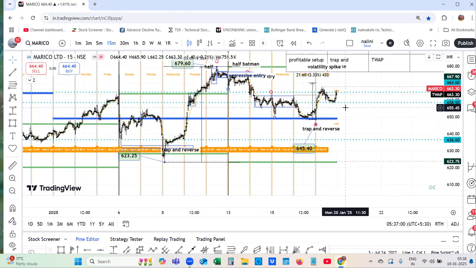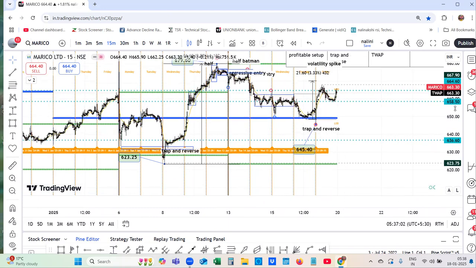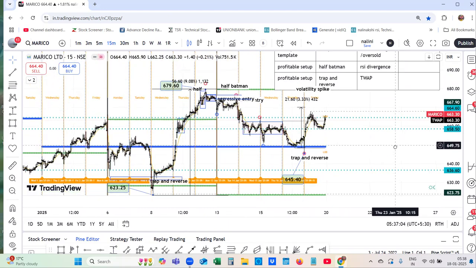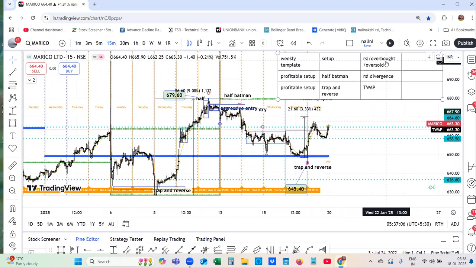We need to see, for this combination of this pattern, what we are going to see: RSI overbought and RSI oversold, and also RSI divergence, and we are going to utilize TWAP for our confirmation and our entry trade.